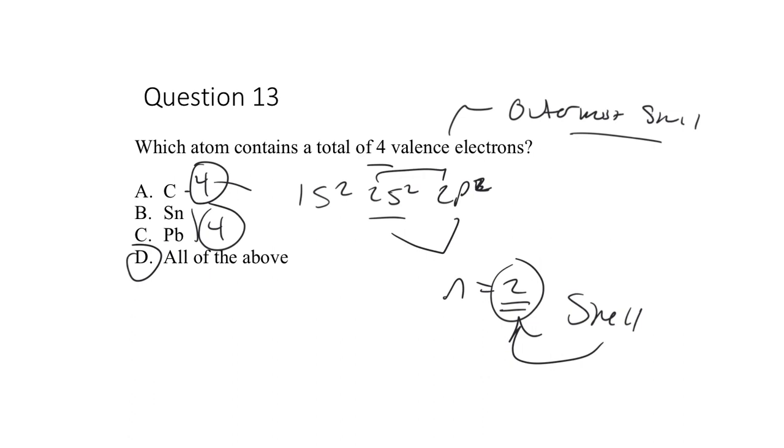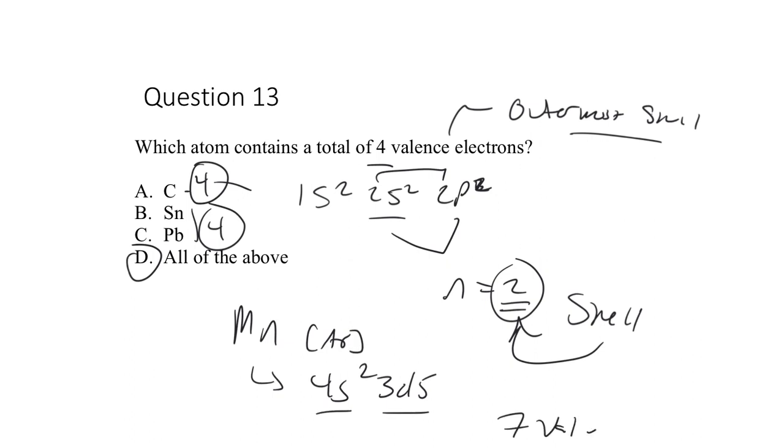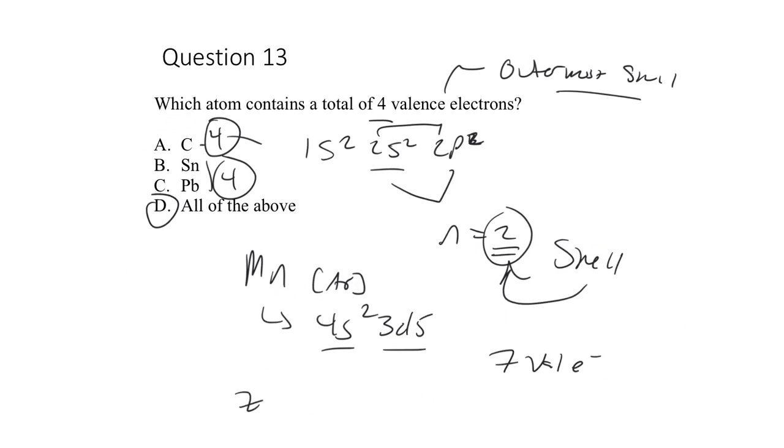And so when you start looking at an atom, let's think about manganese, for example. It's 4s2 3d5 on top of the argon configuration. It would have 7 valence electrons. If I get all the way across to zinc, zinc has a 4s2 3d10. I stop counting these towards the valence once that's completely filled.